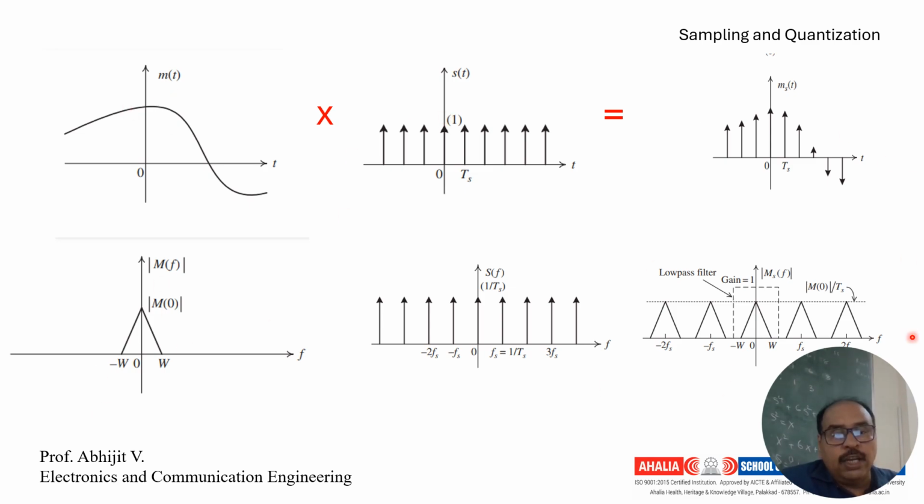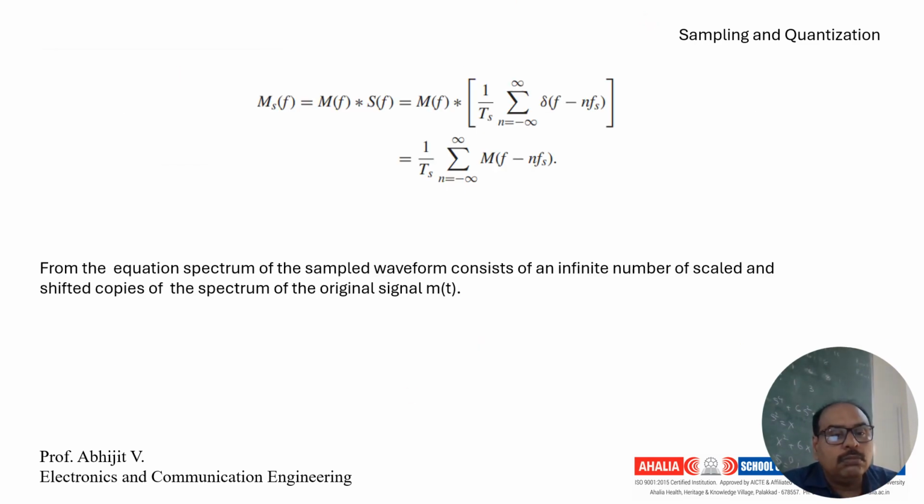And this is how you get it converted. So this is sampling, and sampling and quantization will give you this one. So this is the equation for the sampled signal.